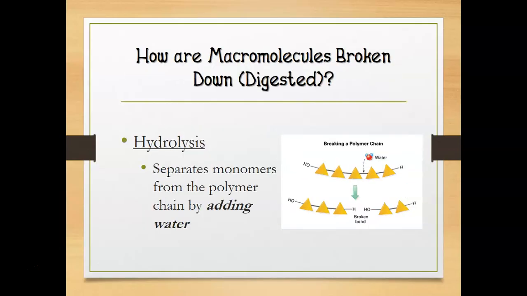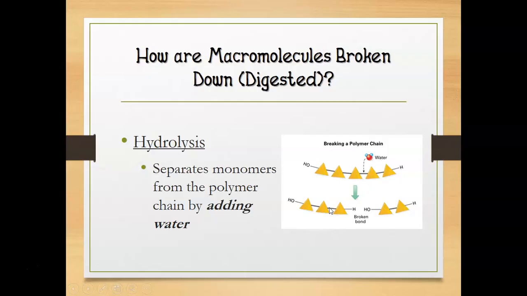Well, guess what? If I'm going to break down the macromolecule or digest it, if we want to think of it that way, and make more monomers out of it, I'm going to add water. So it's essentially the exact same process, but backwards. So here's my water molecule. That water is going to come in. It's going to break this bond.